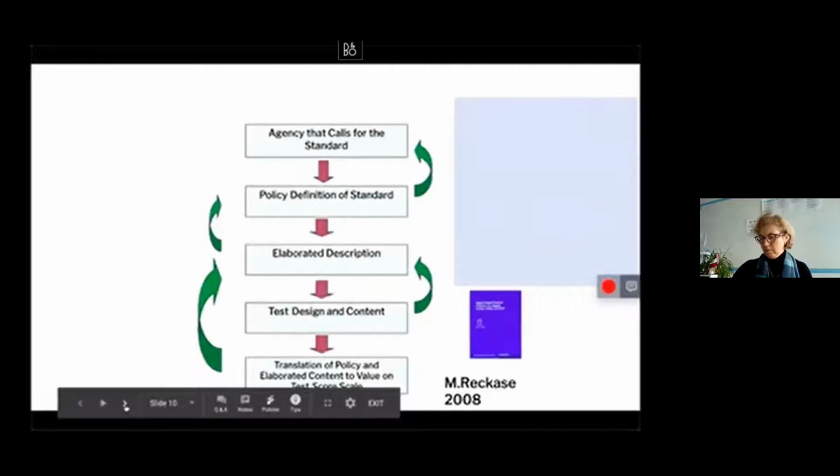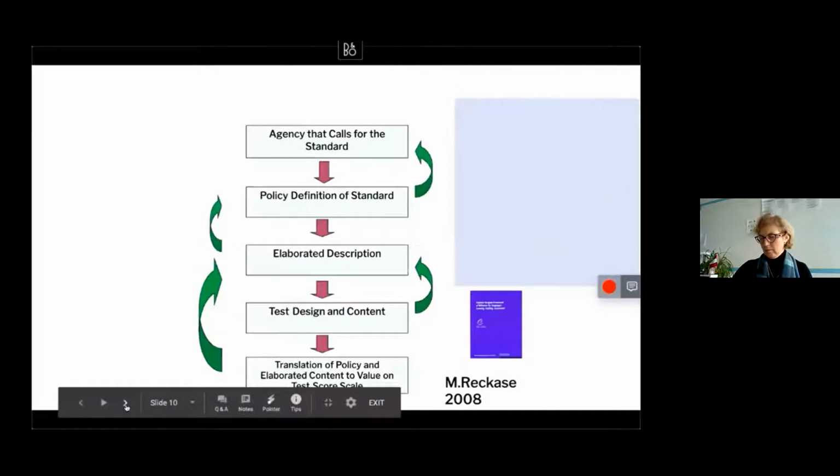Having described this, which is a lesson plan or an annual plan in any school, you need an elaborated description of what it means to be able to do this, so that these specifications can become a test.